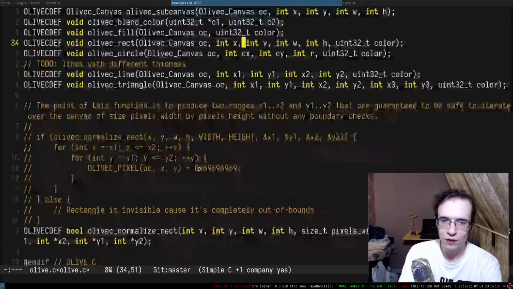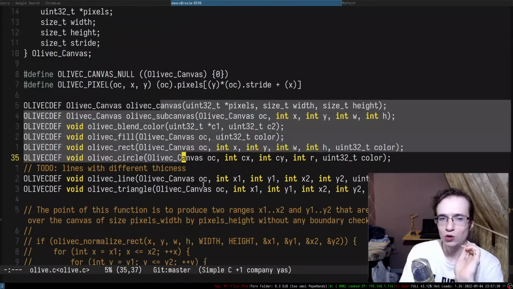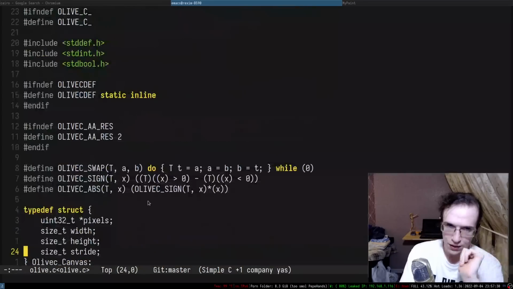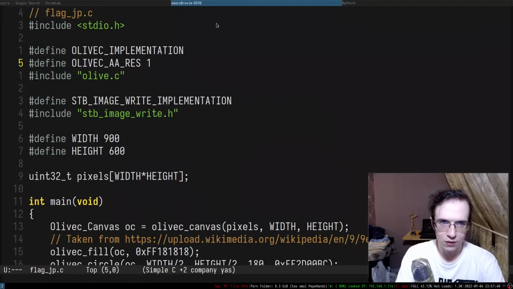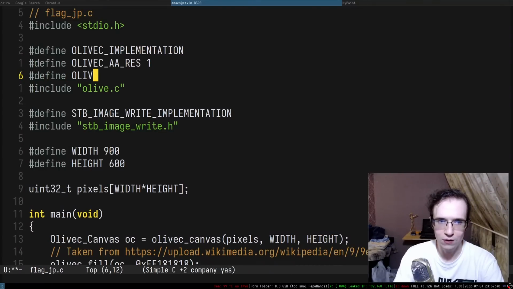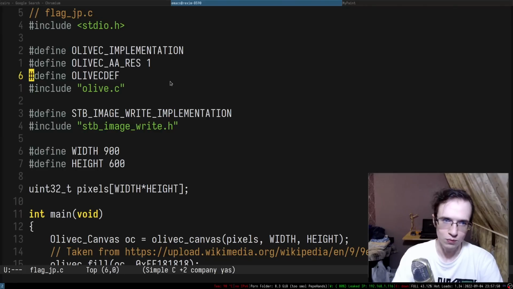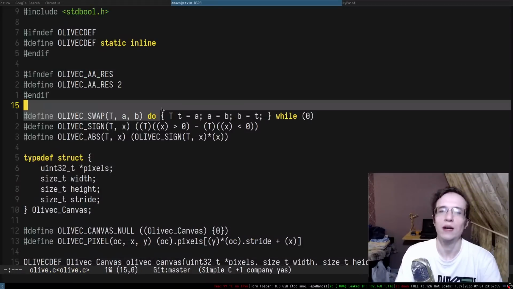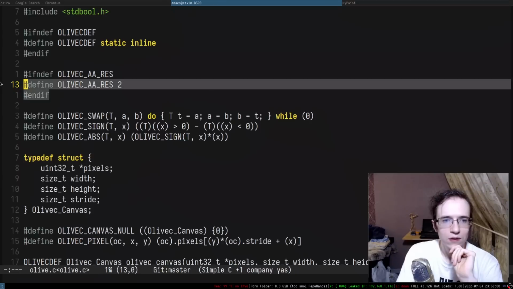By default, all of these functions are static and inlineable to encourage the compiler to inline them and optimize them out. But if you want to compile this program to a library that exposes all of these functions, before including this entire thing you would just define Olive.c def, which basically zeroes out all of these static inline definitions and exposes all of the functions, right? So basically, we have compile time parameters for the library that you can customize if you want to.